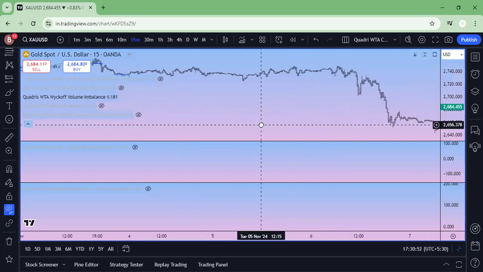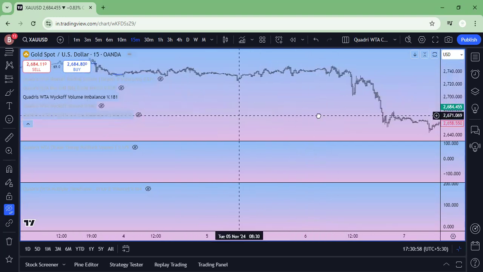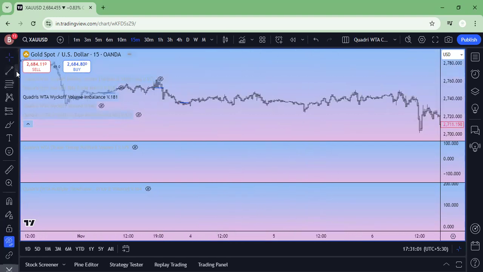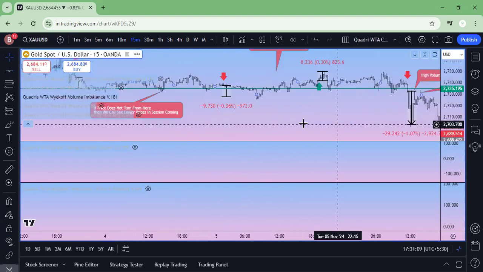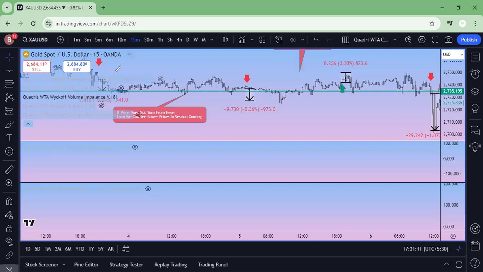Like for example, this is the last recent one which we had over here. If we draw a horizontal line from this particular level all around this one, you see this is the line. We have extended this line.